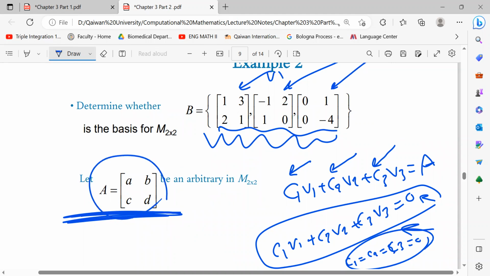Here we take A by ourselves, it's not given. But you should know in M22, it's a 2 by 2 matrix, so the elements of a 2 by 2 matrix are in that form.